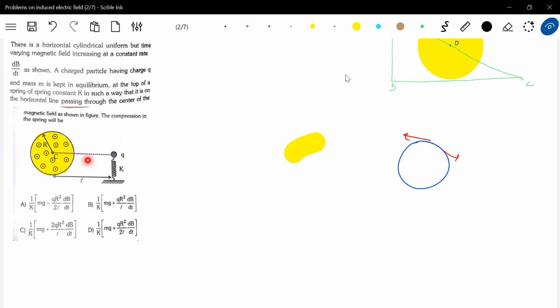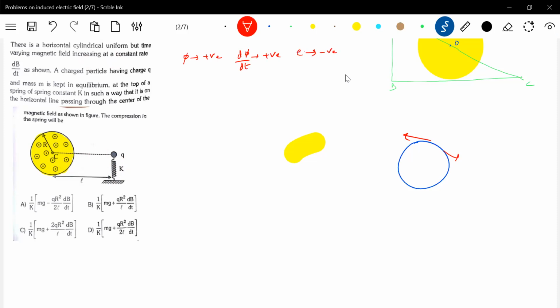So the induced current should be clockwise. So the induced electric field here will be downwards, positive flux increasing. d phi by dt positive, EMF induced negative.